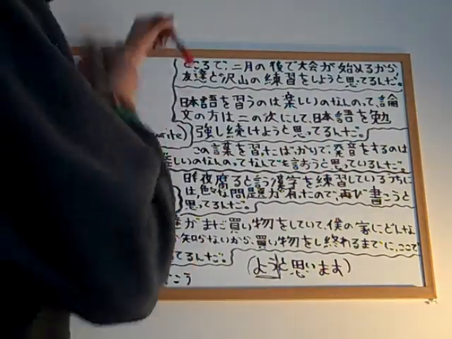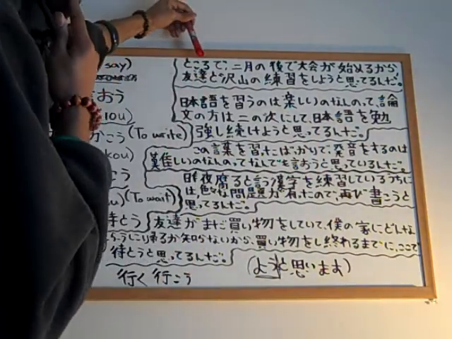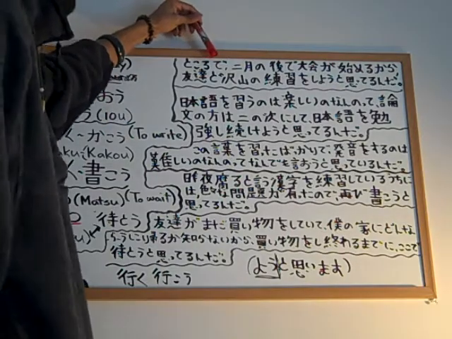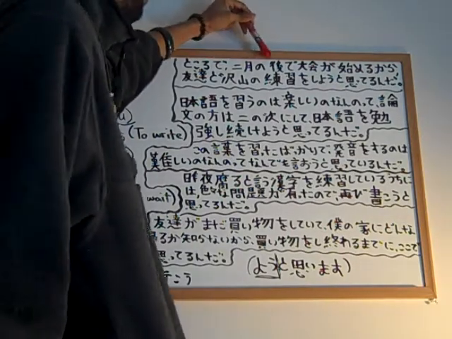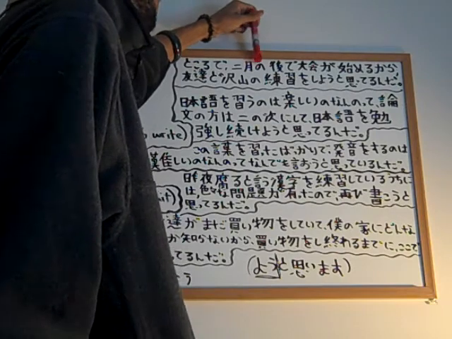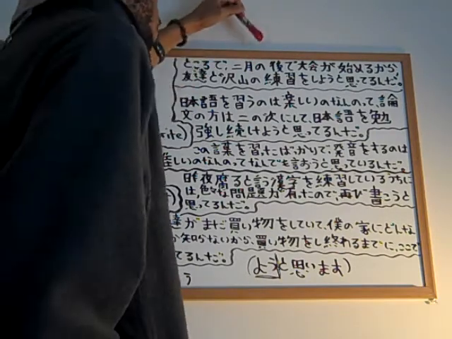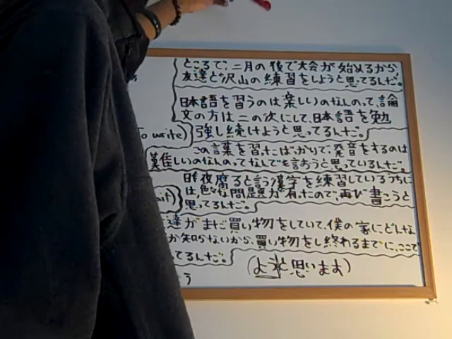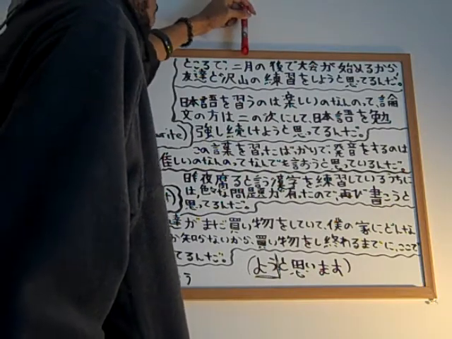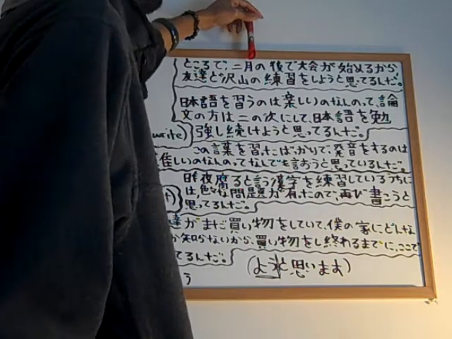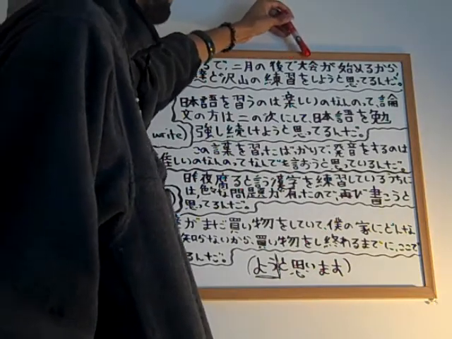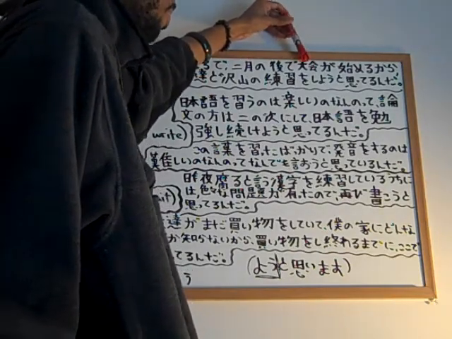Tokoro de, that's by the way. 2月の後で means 2 months later, or in 2 months. I was going to put within 2 months, but this is okay. After 2 months, 2月の後で大会. Taikai means a tournament.